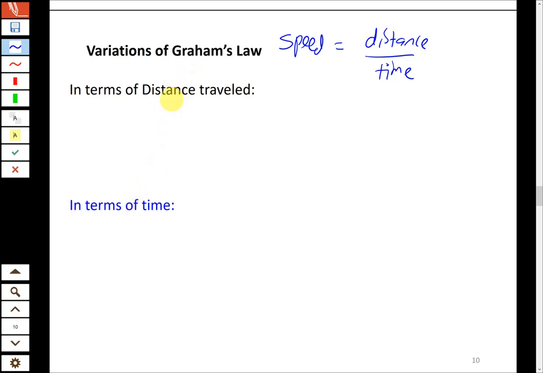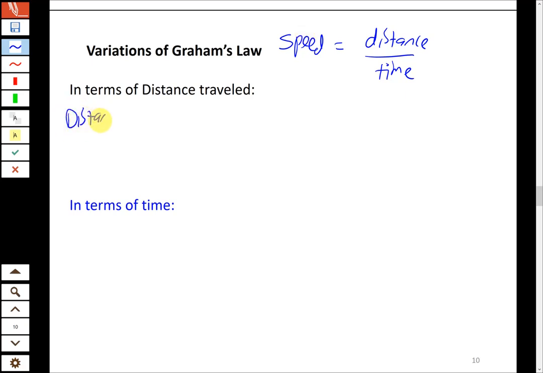So first of all, in the case of diffusion, how far is the gas traveling? Let's say I take two samples of gas and put them here at the front of the room, and over a certain period of time we measure how far they diffuse throughout the room. That would be in terms of the distance that they're traveling. Well, distance and speed are directly related to each other, so it's going to be the same exact equation we just derived, but in terms of the distances.